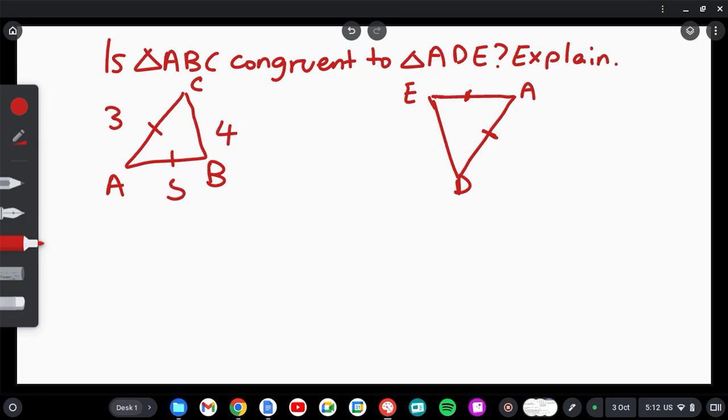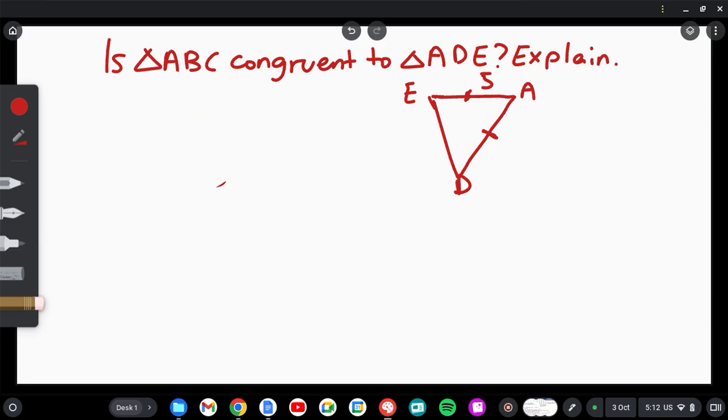Let's say these two are same. Wait, that doesn't even look the same. I'll call this the 3, 4, 5 triangle. Hold on a sec, because my drawing is not clear.